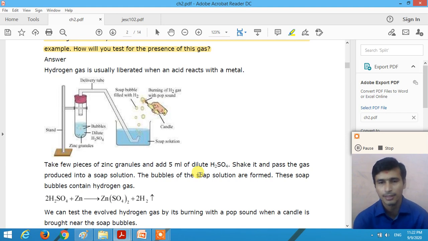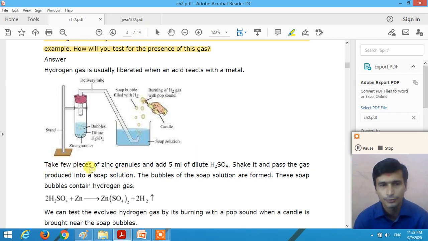So what is the chemical property of acids? When an acid reacts with metals, it produces hydrogen gas. And how can we test the hydrogen gas? The presence of hydrogen gas can be tested with the help of the pop test. When we place a burning candle near the hydrogen gas, it burns with a pop sound. This test is known as the pop test.